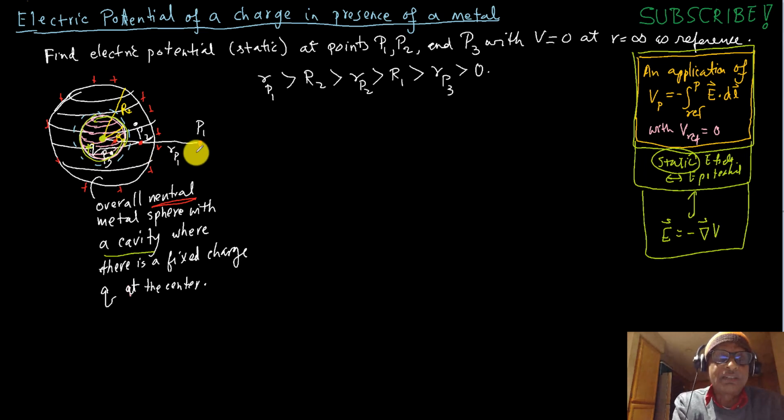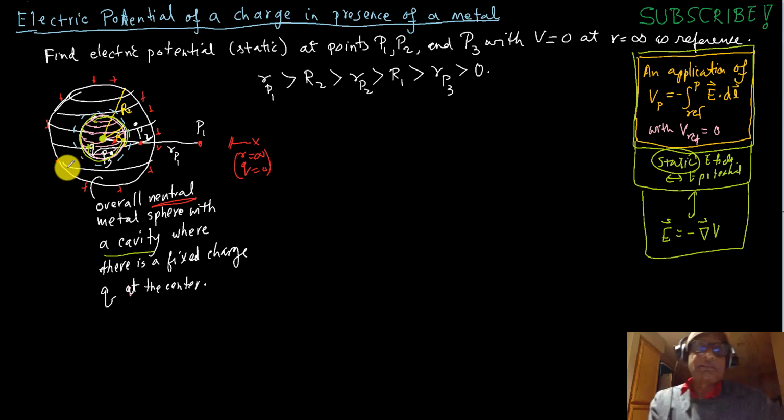Okay, so there are three unique points, and the reference is at infinity. At infinity, r equals infinity, V equals 0. So that's the formula we want for these 3 points.